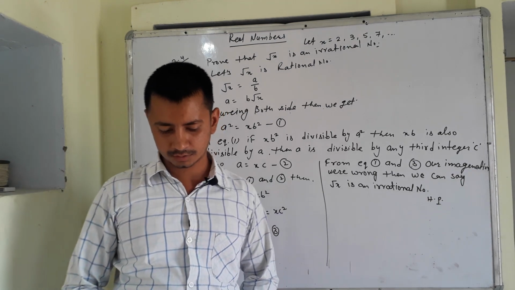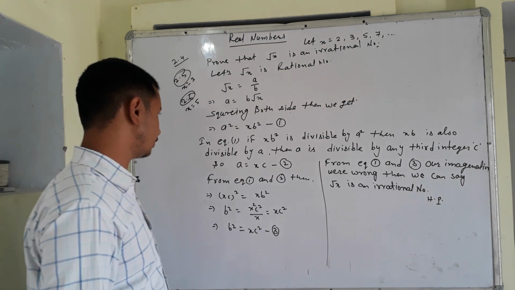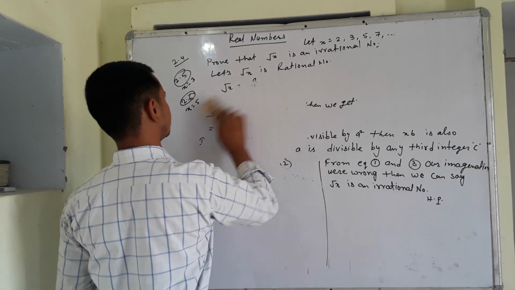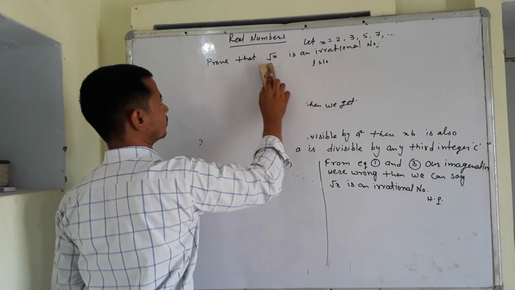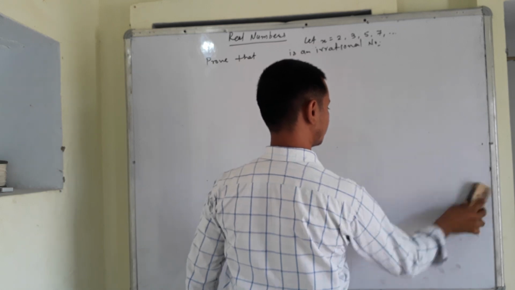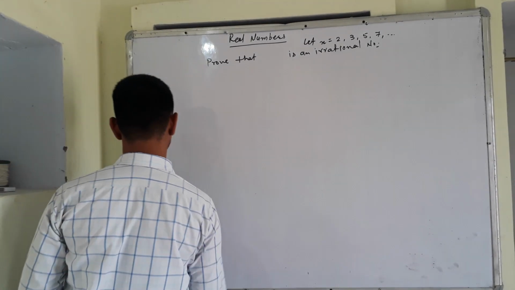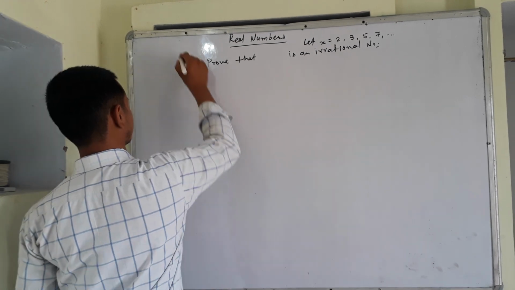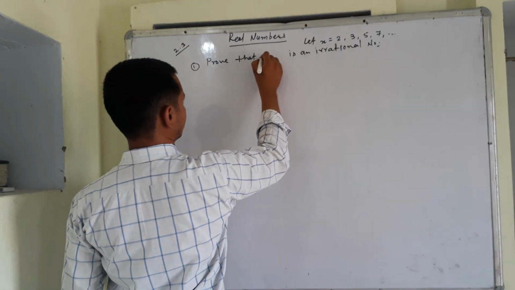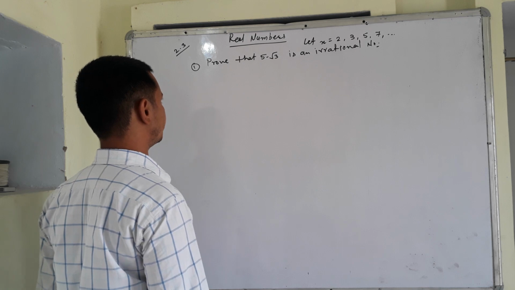Let's restart the exercise 2.3, and the first question is: prove that 5 minus square root of 3 is an irrational number.